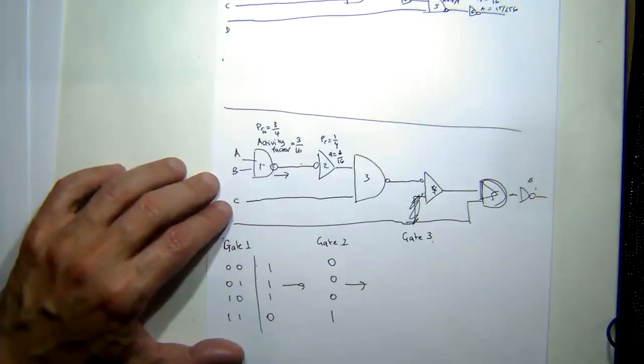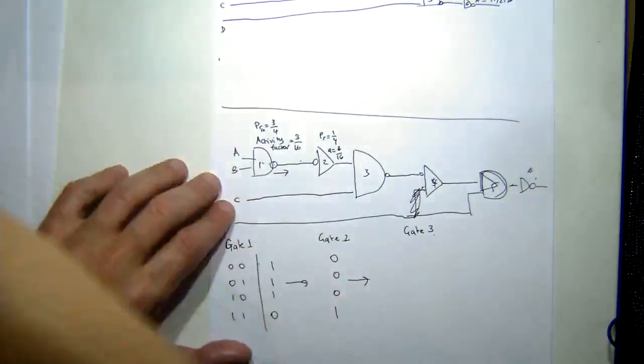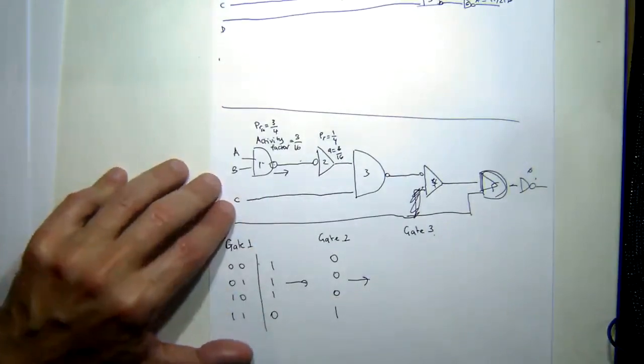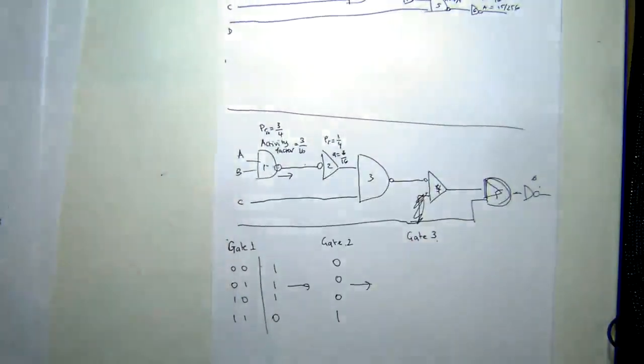Yes, you're absolutely right, and I'm not trying to confuse you, but why isn't there 4? One outcome from gate 2 can match. C can give 2 inputs.